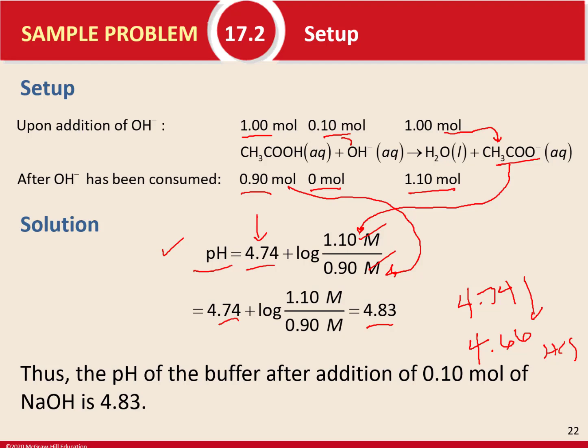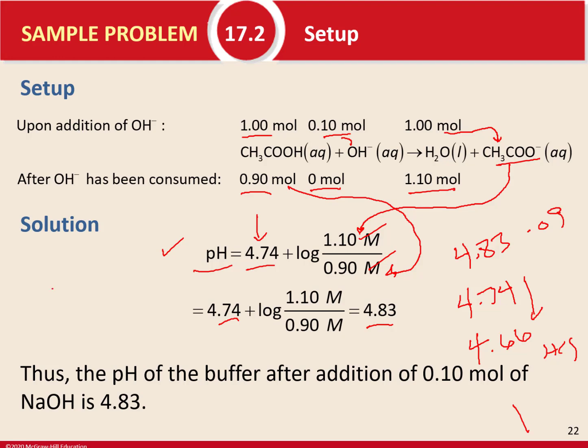If we didn't have the buffer, it would have dropped down to a pH of 1. In this example, by adding 0.1 hydroxide ion from the strong base, sodium hydroxide, the pH jumps up to 4.83, for a difference of 0.09 pH units.